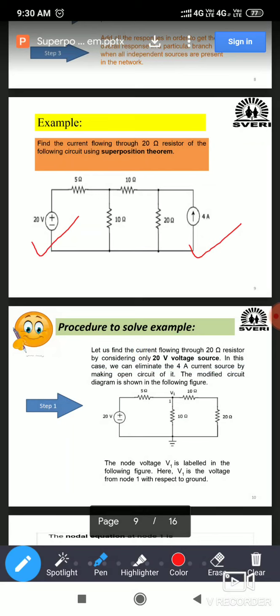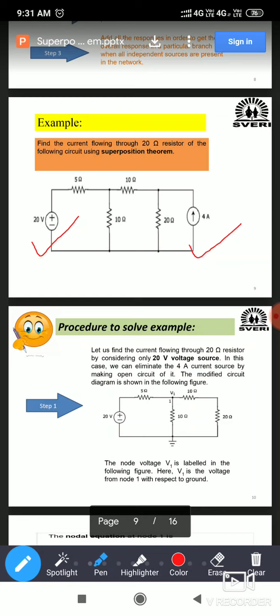Second point: as they ask to find the response in the 20 ohm resistor, you have to focus on that resistor only, the current passing through 20 ohm. Once you make these observations, and two independent sources are there, we can easily apply the superposition theorem.